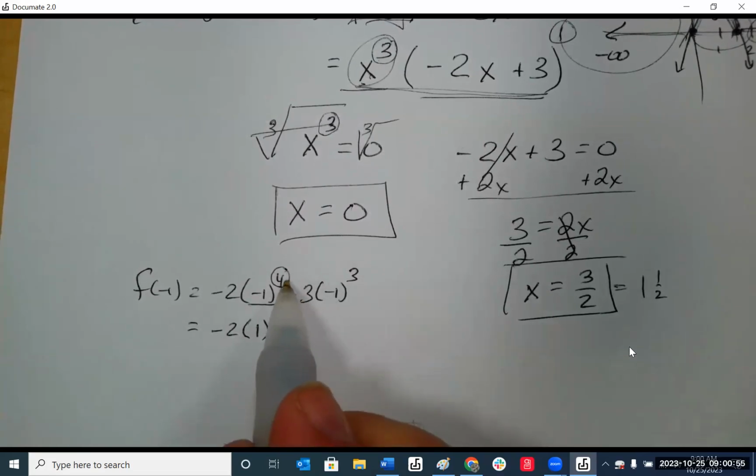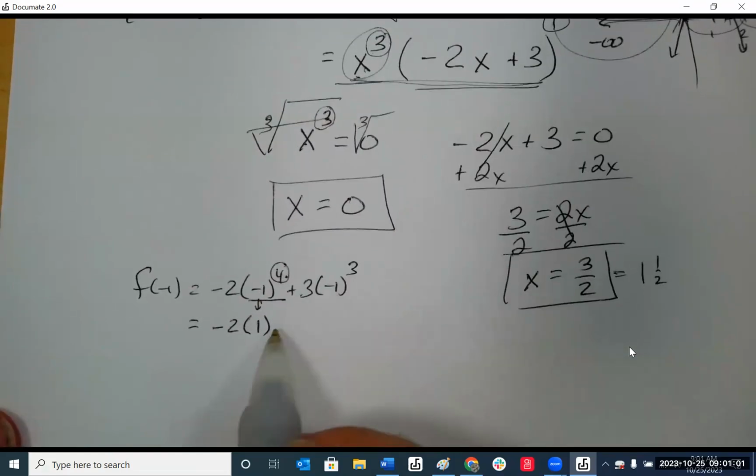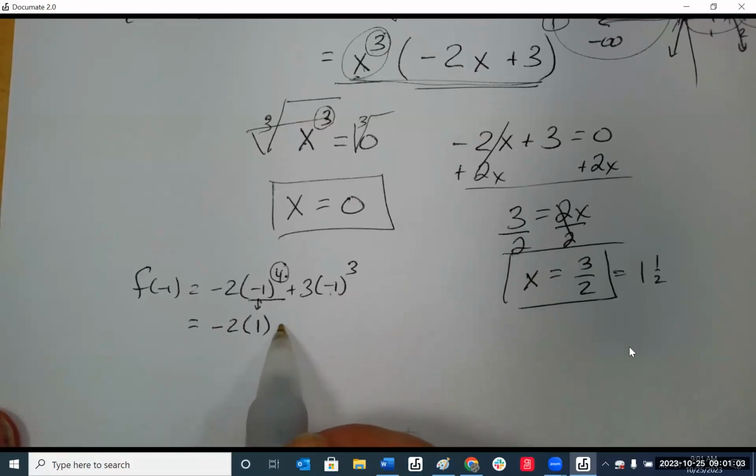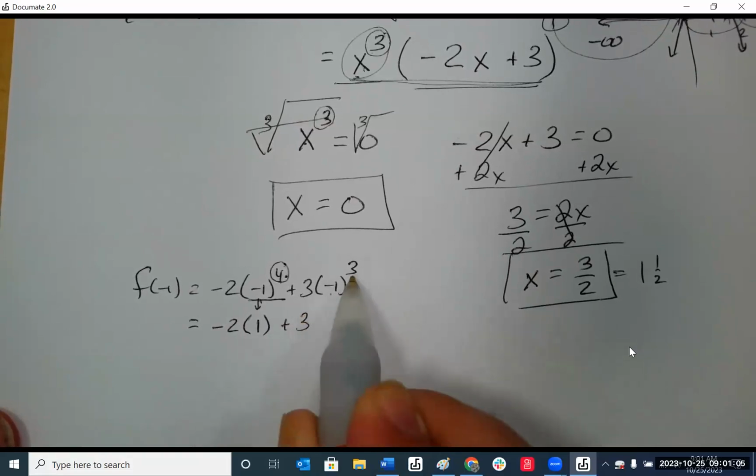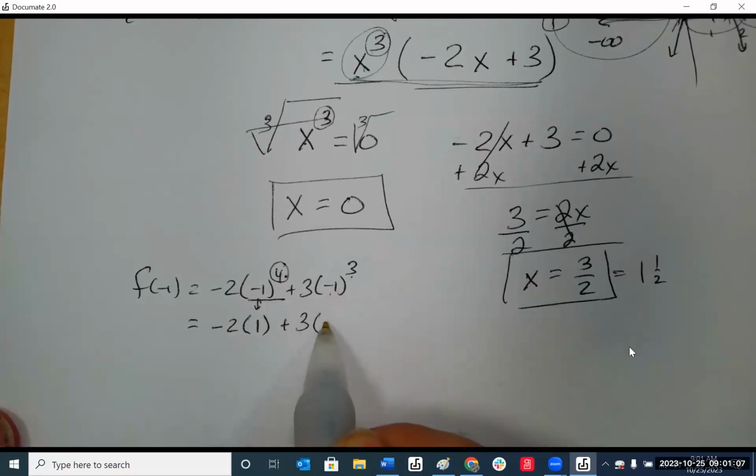So if the exponent is even, the answer will always be positive. If the exponent is odd, the answer will always be negative, if the base is negative.